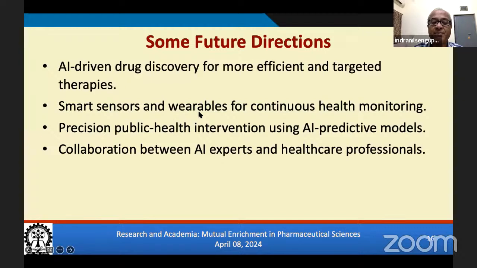Smart sensors and wearables are already coming for continuous health monitoring. You see, there are some countries where, normally we do some life insurance, LIC policies. Now the amount of premium you have to pay, there are some countries where they make it mandatory for the person who has applied for that policy to wear some band on the wrist all the time, because my health is being continuously monitored by the company.